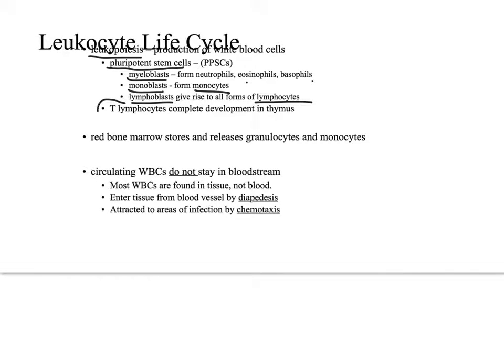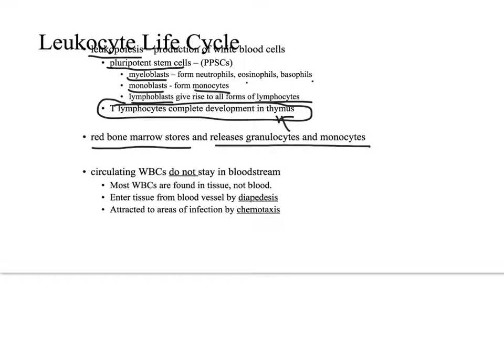T lymphocytes are called T lymphocytes because their development actually finishes in the thymus. Most of the cells are made in the red bone marrow. Red bone marrow stores and releases granulocytes and monocytes. Lymphocytes' development finishes in the thymus.